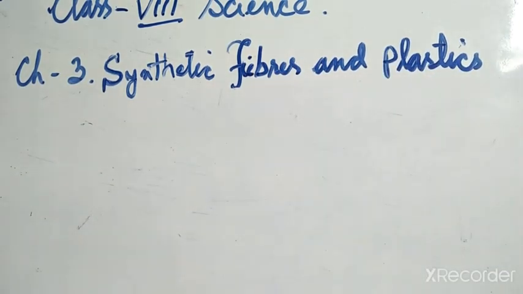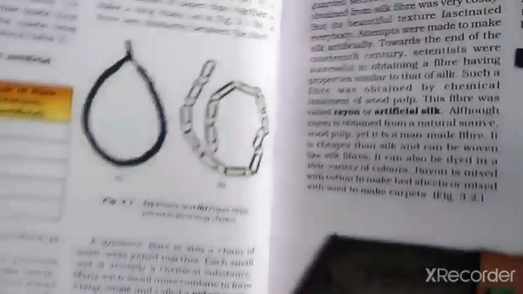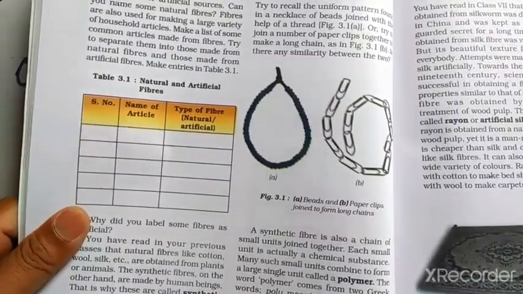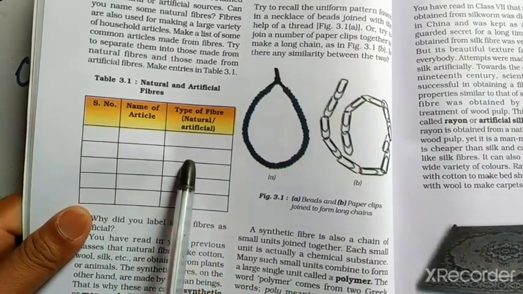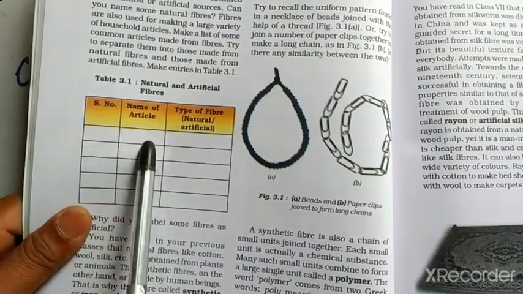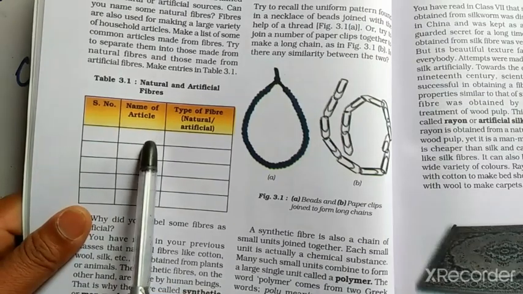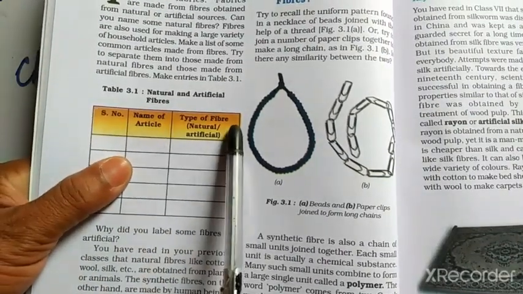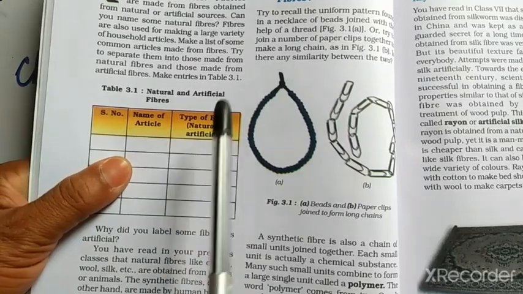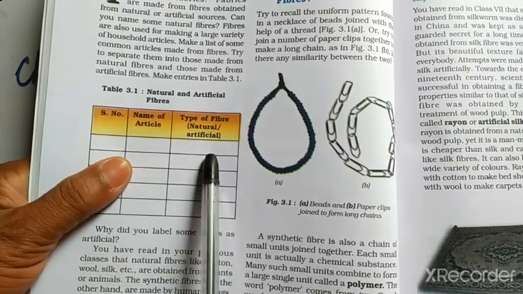In your textbook it is mentioned there: serial number, name of article, type of fiber, natural or artificial. In serial number 1, name of article, jute, type of fiber, natural.